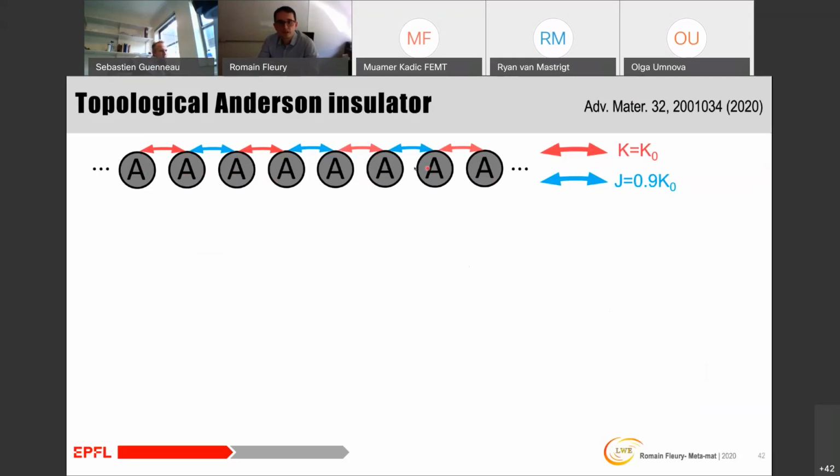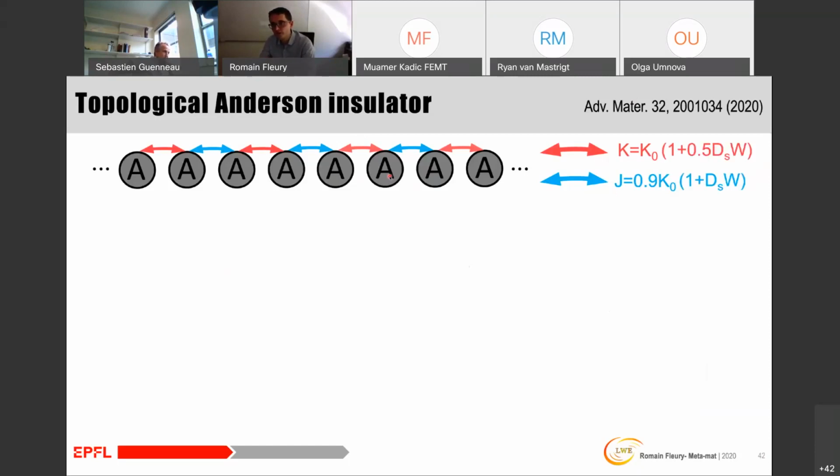So it's weakly coupled dimers. You have strong coupling here and weaker coupling there. So there's no edge mode, there's no way to use this as a filter, there's just no Lorentzian response. But what you're going to do is add disorder to this.